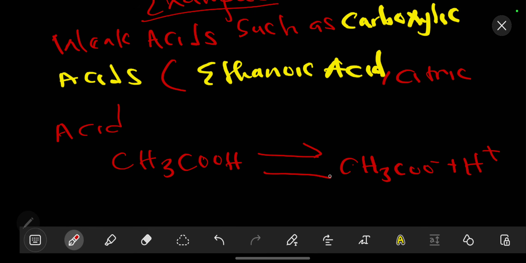Now this reaction can proceed in both directions. The double arrows give you the idea that this is a weak electrolyte, or you can say this is the characteristic of weak acids. Arrows will go in both directions. It might change back, it might ionize. So it gives fewer ions, therefore does not effectively conduct electricity.